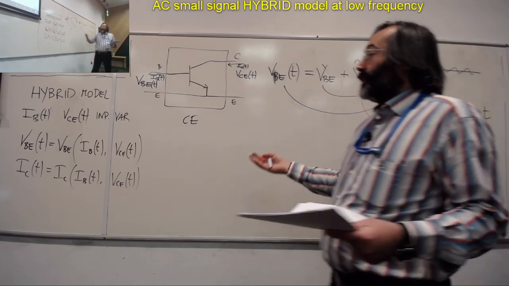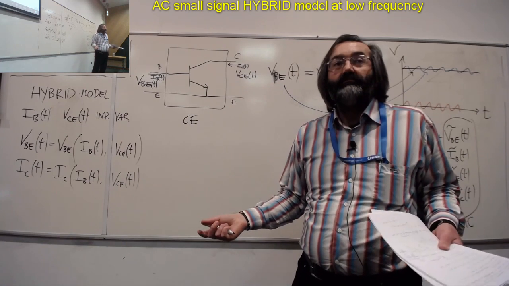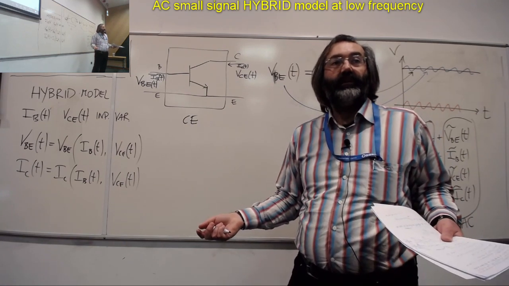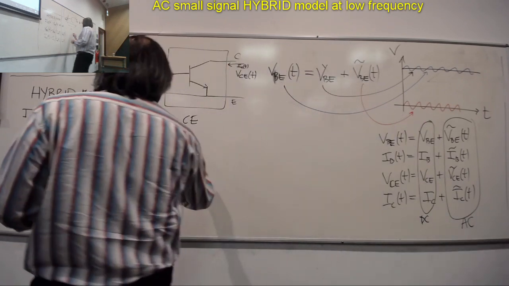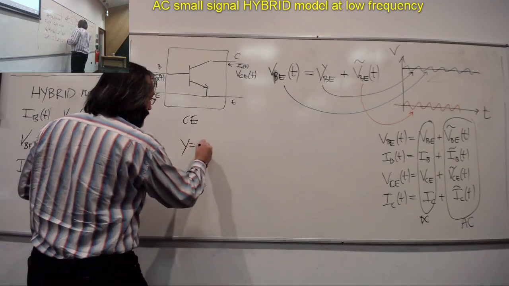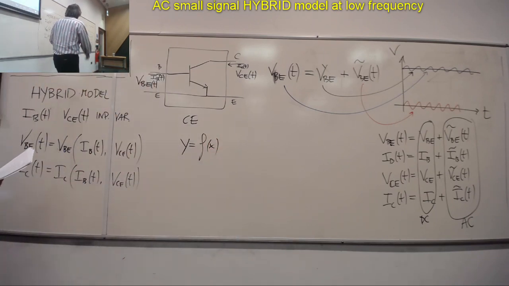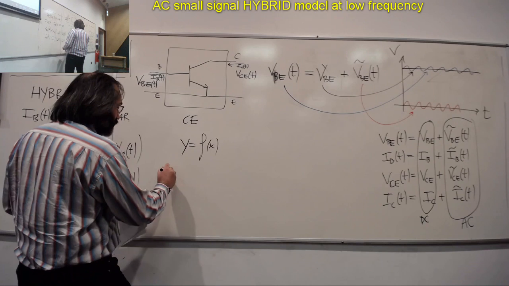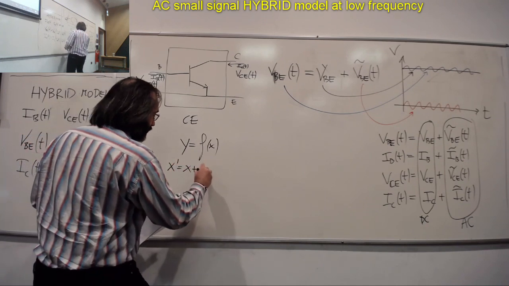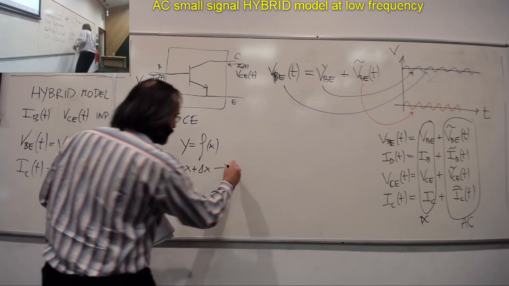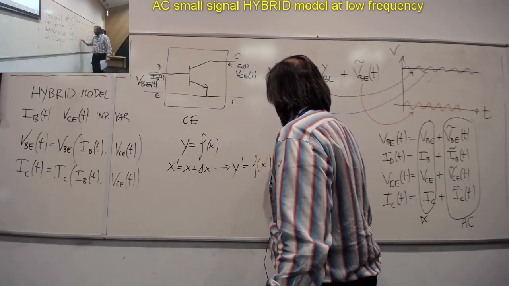So how do I linearize this? We use Taylor expansion, probably something you've done millions of times now. The idea is, imagine that I have a function y equals f of x, and I'm considering now a point x prime that is x plus delta x, which corresponds to y prime equals f of x prime.